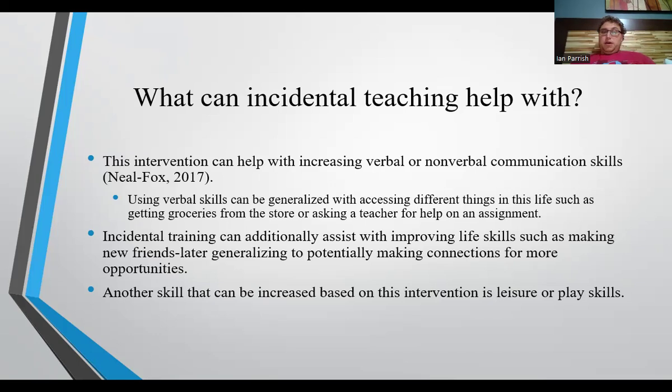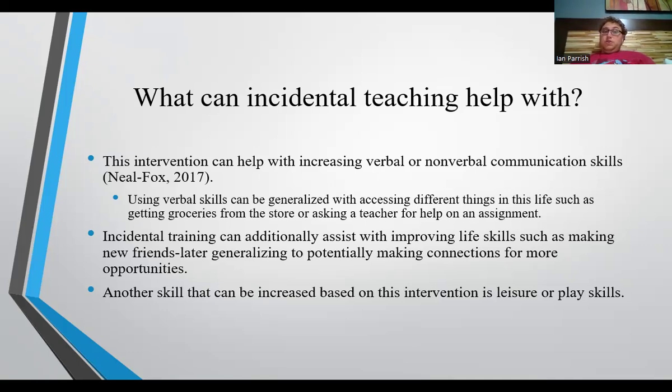This website by Neil Fox in 2017 shows that this intervention can help with increasing verbal or nonverbal communication skills, such as requesting, and I'll go more into what we call verbal operants later, or nonverbal communication skills, just social cues, other skills that don't require using your verbal repertoire.